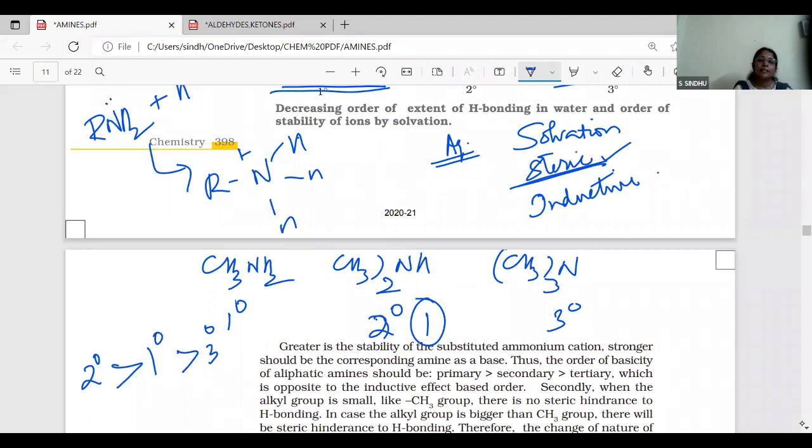For methylamine, steric hindrance is less, inductive effect is less, hydrogen bonding is more. Is it not? Because small methyl group. So solvation effect dominates over inductive. So it is always 2, 1, 3, right? Yes, teachers?